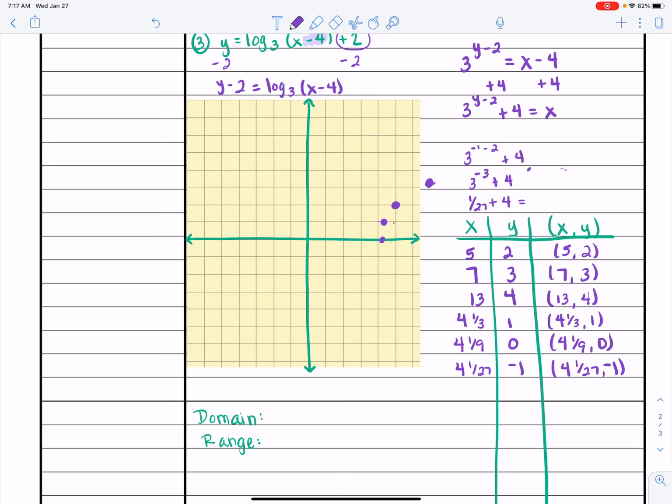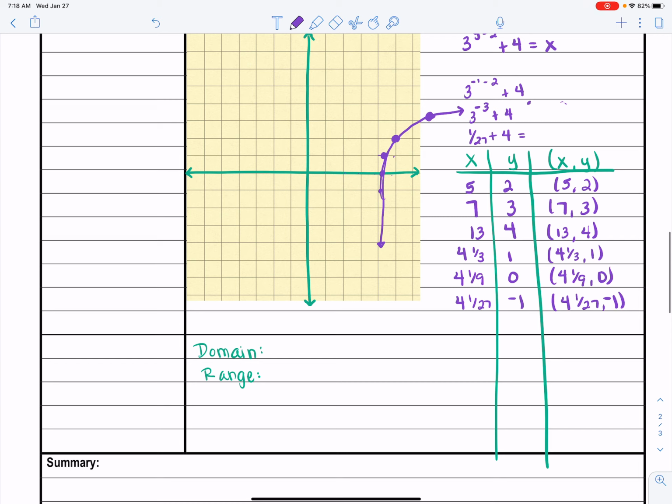So 4 and barely any more, -1. So it looks like I'm getting infinitely close to 4 without touching it. And then I'm going out this way, okay? So my domain doesn't touch 4, but that's as far as it goes on the left, and it goes to infinity on the right. The range is still negative to positive infinity.